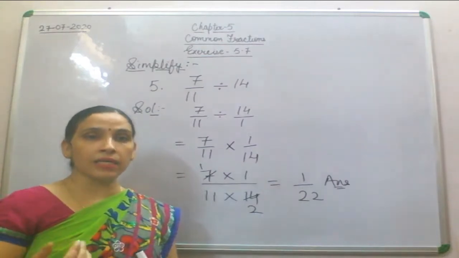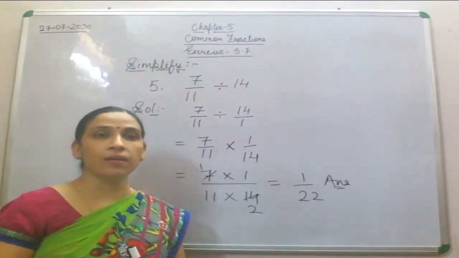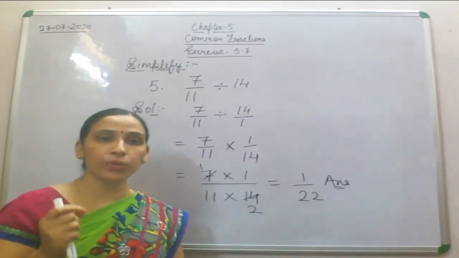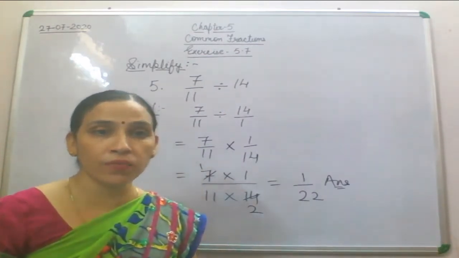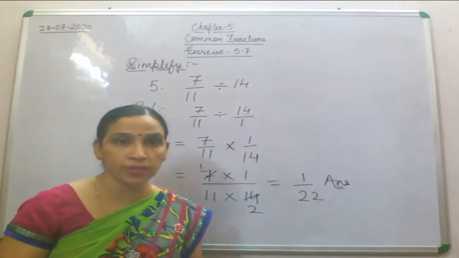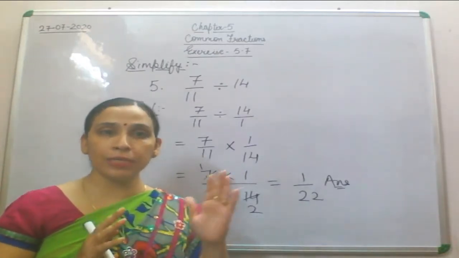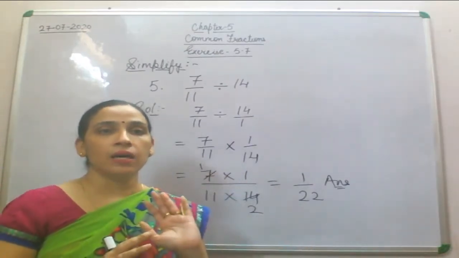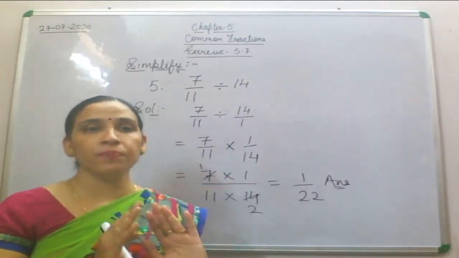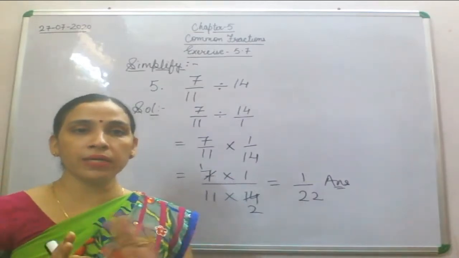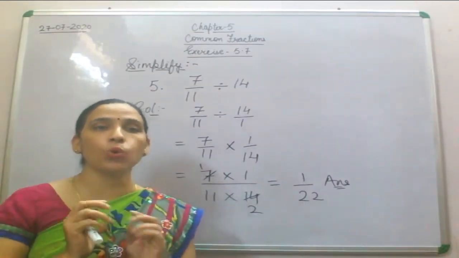So let's start with what we have seen in today's video. In today's video, we have seen how to simplify a division question if a unit fraction or a proper fraction is given, and how we can do the division by a whole number.